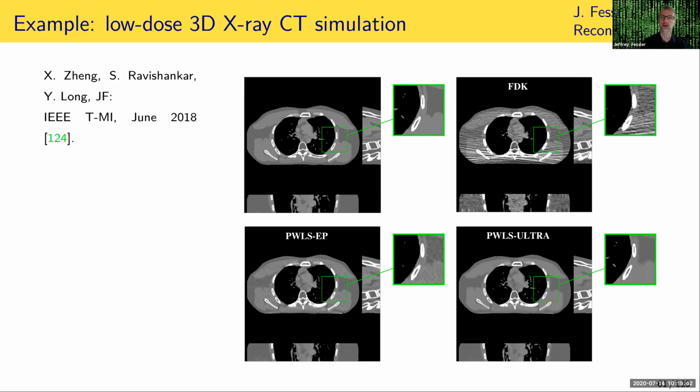Here's the true image shown here. This is a low dose simulation. Here's the image reconstructed using filtered back projection, the FDK algorithm. And you can see because of the relatively poor SNR, there's lots of streaks in the image. This image in the bottom left here is reconstructed using edge-preserving regularization.